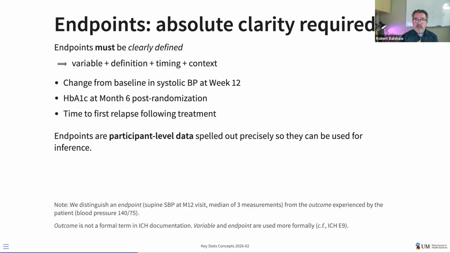Is it going to be the clinical assay that's been used 100 years? Is it the first of any possible negative clinical symptom, that there's a sign or symptom that turns up? Those kinds of things. Then the timing at which that will be assessed, and the context in which it's assessed. So all of those things are necessary to come up with a clear endpoint to a trial.